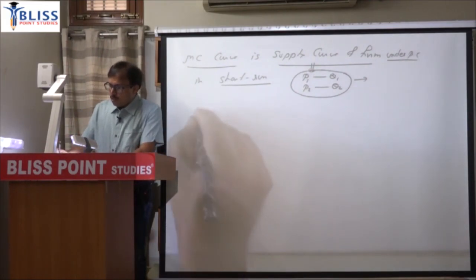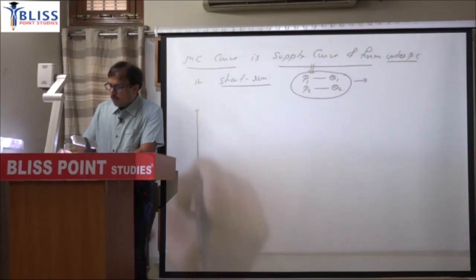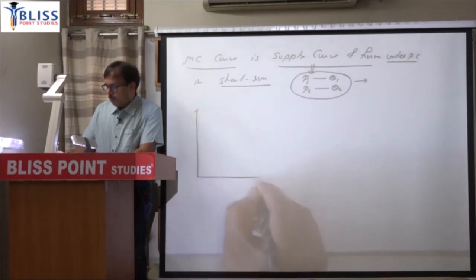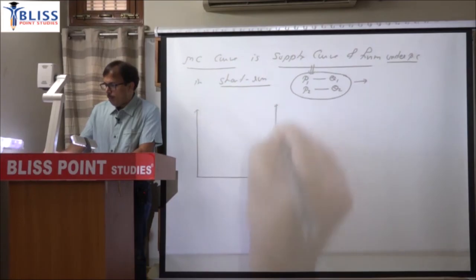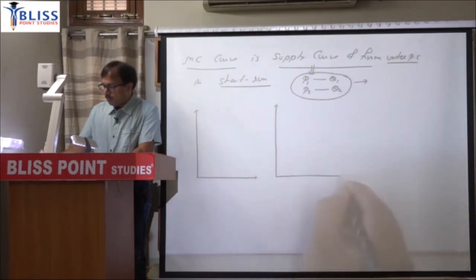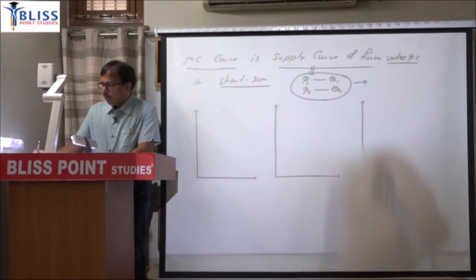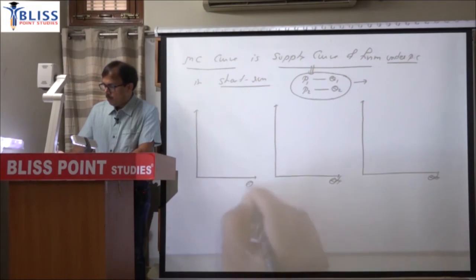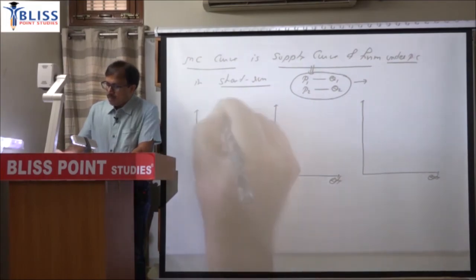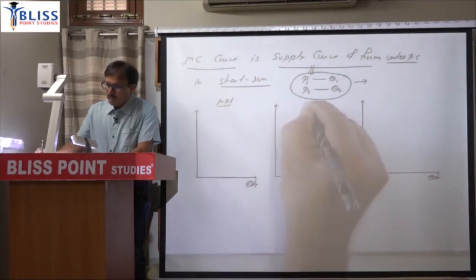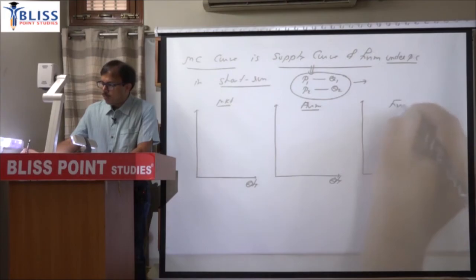Now suppose एक लेफ्ट साइड का डायग्राम मैं यूज कर रहा हूँ, you can ignore that part later on, here you can draw it. Three parts, on all three x axis पे quantity ले रहे हैं. This is diagram for market, this is diagram for firm, and this is also for firm.